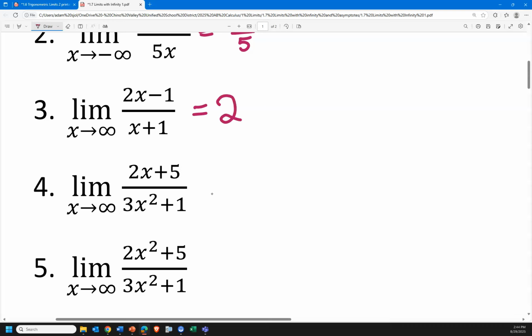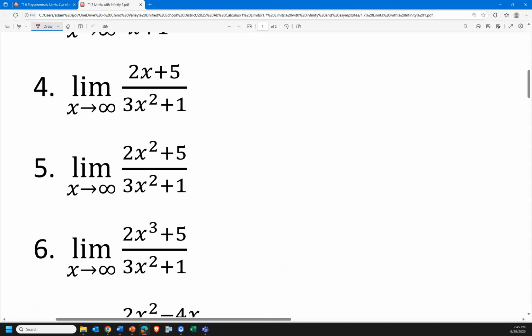Hopefully you can explain that 2 million minus 1 is about 2 million, over 1 million plus 1, about 1 million, which is close to 2. 2 billion minus 1 over a billion plus 1 is even closer to 2, because the minus 1 and plus 1 have less of an effect on a billion than they do on a million. 2 trillion minus 1 over 1 trillion plus 1 is even closer to 2, because the minus 1 and the plus 1 are less effective than they have been.